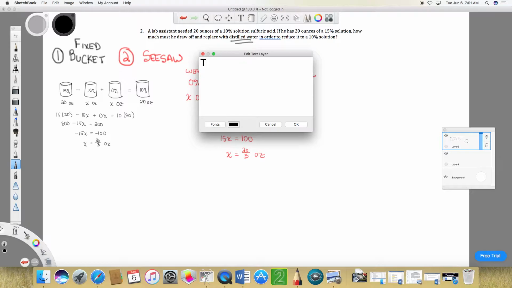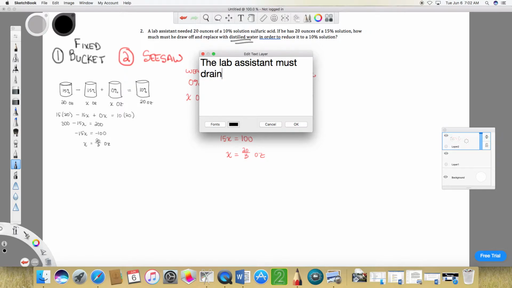So the lab assistant must drain, and I think it said draw off.